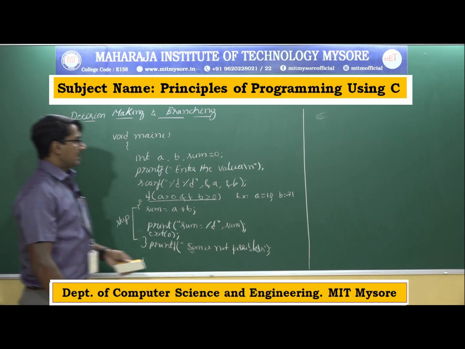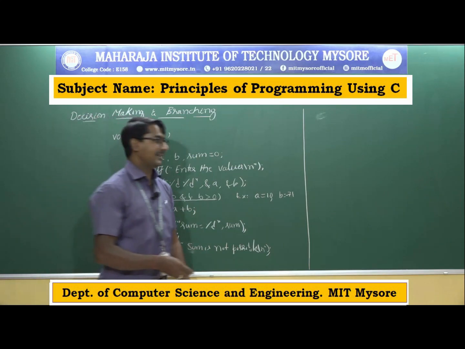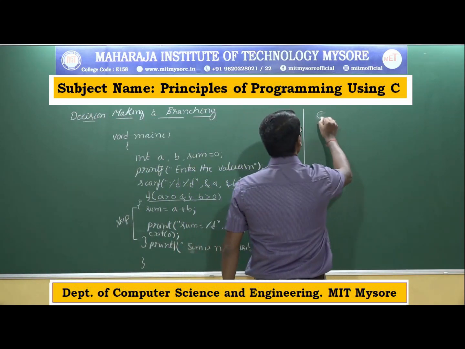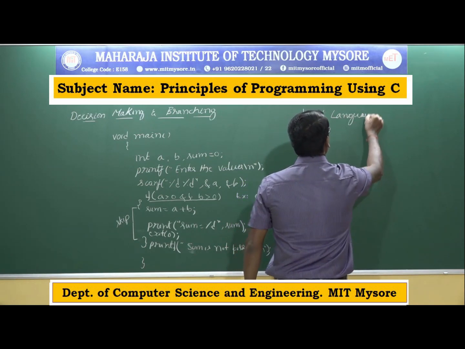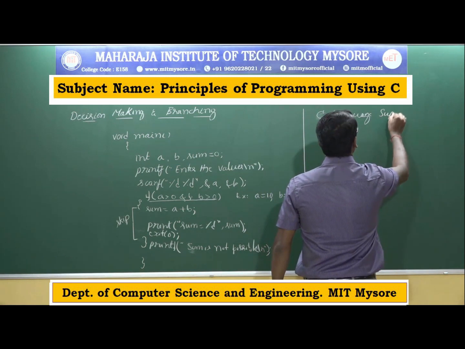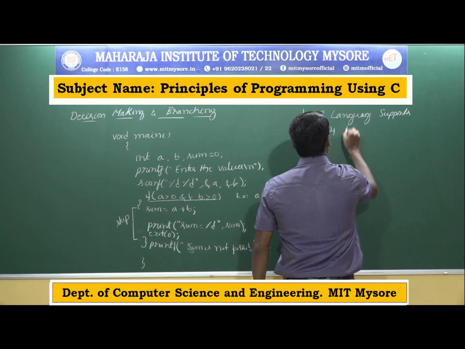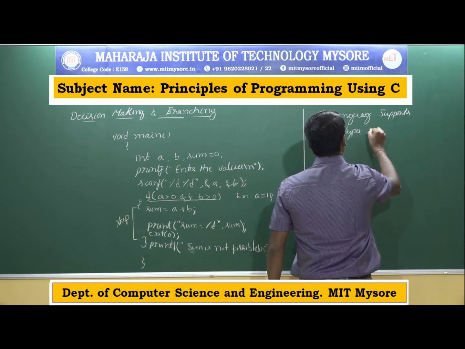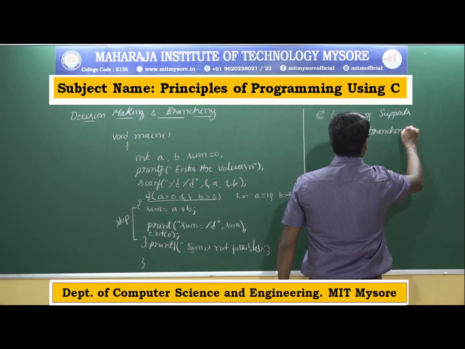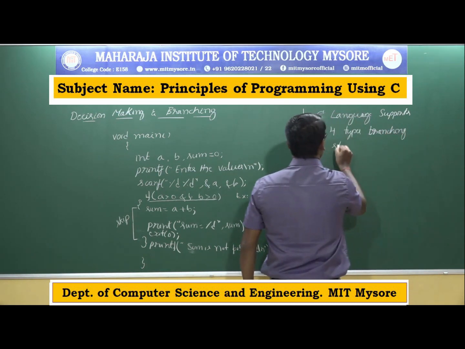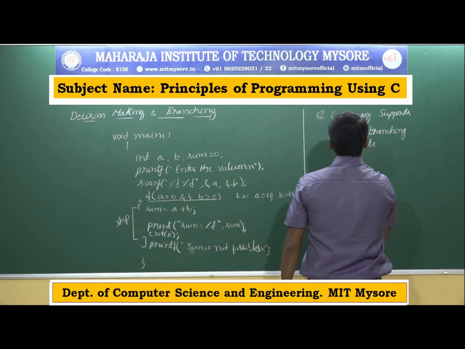Now C supports four different types of conditional statements. C language supports four types of branching statements.